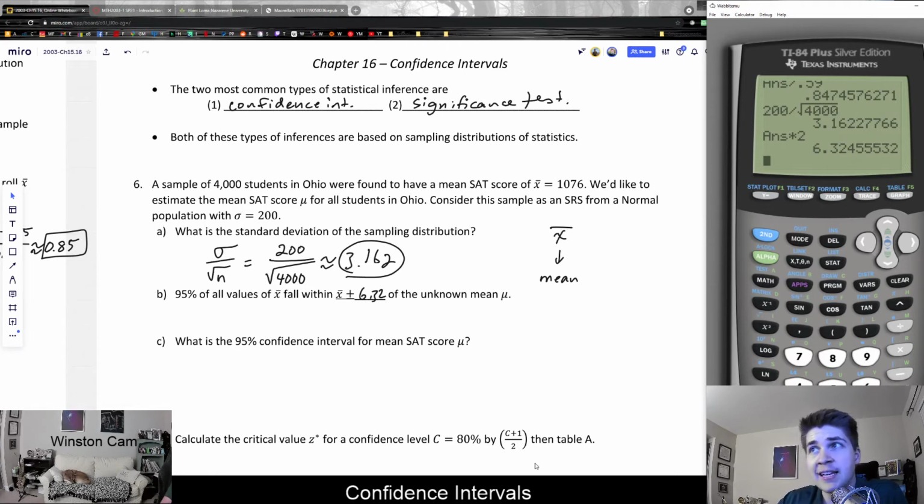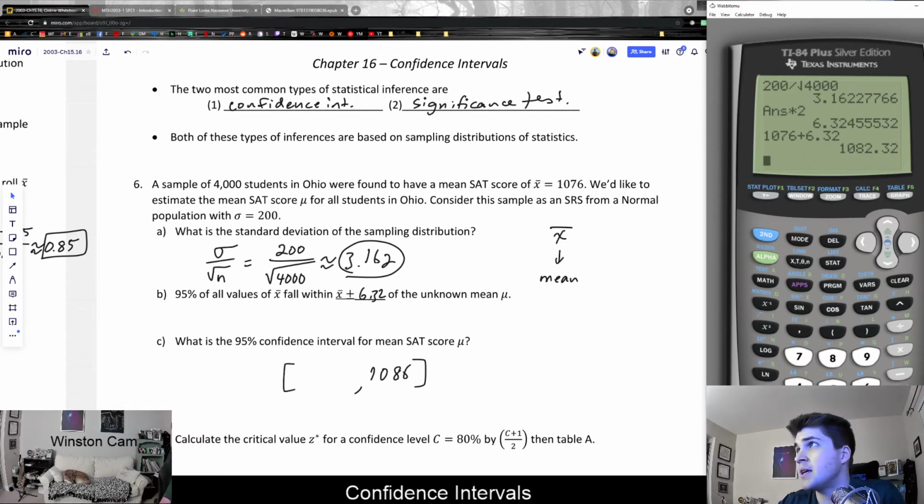We could also write the confidence interval using interval notation as we have in the past. That would be taking my calculated mean from my sample and adding twice the standard deviation of the sampling distribution. So the top end would be 1082, and we'll round that to the nearest whole number. The bottom end would be the mean minus 6.32, which would come out to be about 1070.